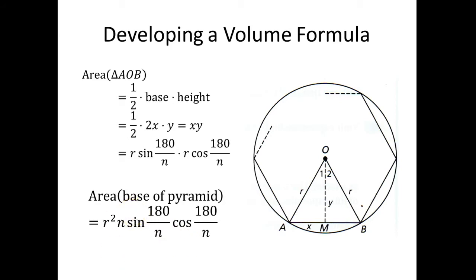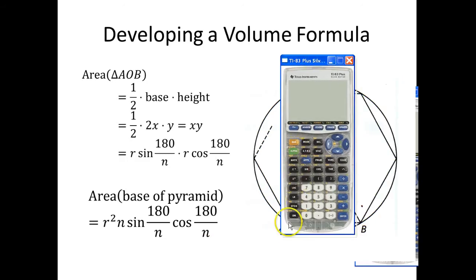Notice that the expression for the area of the base of the pyramid involves this expression here, n times the sine of 180 over n times the cosine of 180 degrees over n. So let's see what this expression gets close to as n gets bigger and bigger. Let's use our calculator to see what happens to this expression as n gets larger and larger.